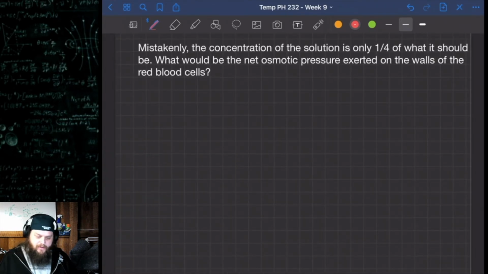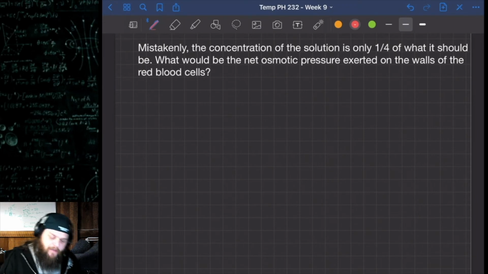Mistakenly, the concentration of the solution is only a quarter of what it should be. What would the net osmotic pressure exerted on the walls of the red blood cells be? So we expected, if we did everything correctly, the moles to be 0.4212.